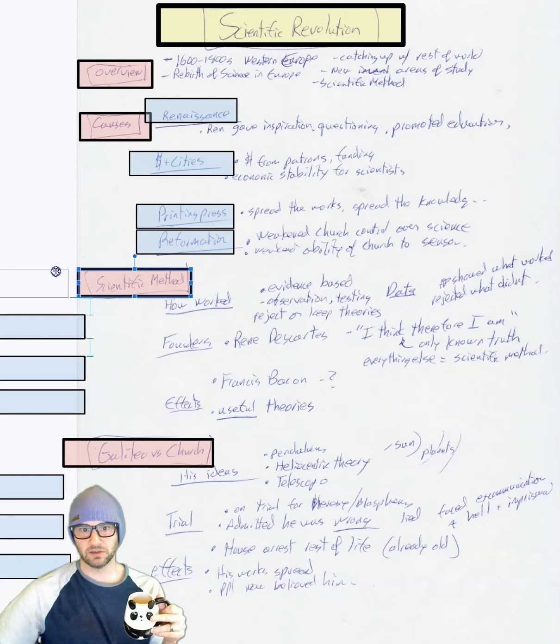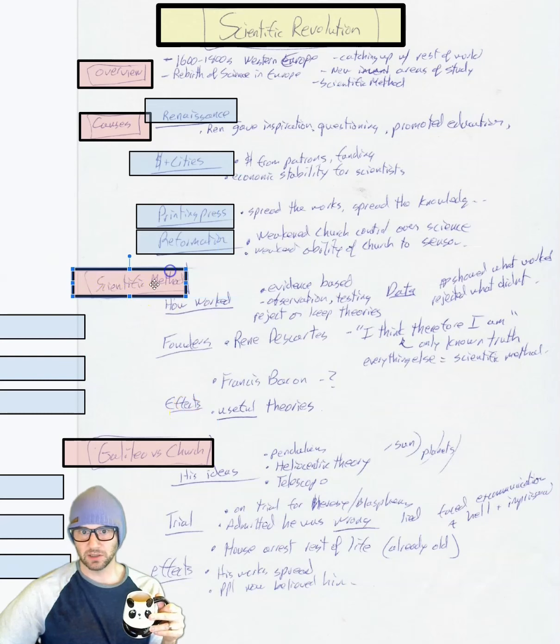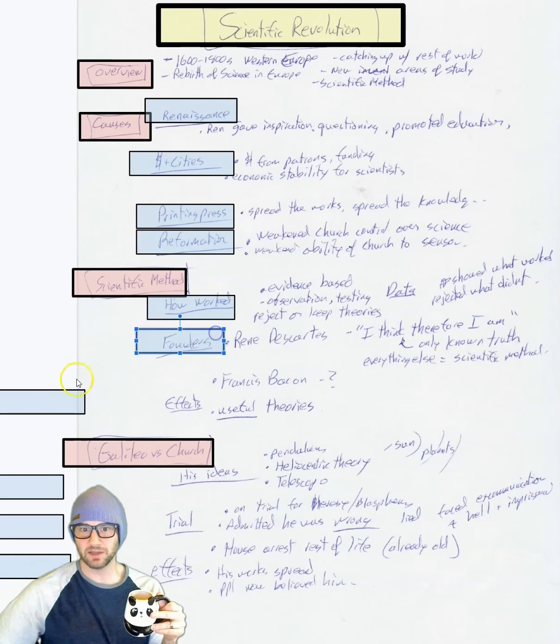So look at this, heading, Scientific Method. How it worked, the founders, and the effects are the subheadings. I underline the subheadings and I put a box around the heading. And I like dashes and bullets, and I like little lines and arrows and equals. Anytime I can abbreviate something, I do. These are my notes. As long as it's quick, easy, and I know what I mean, it's good.